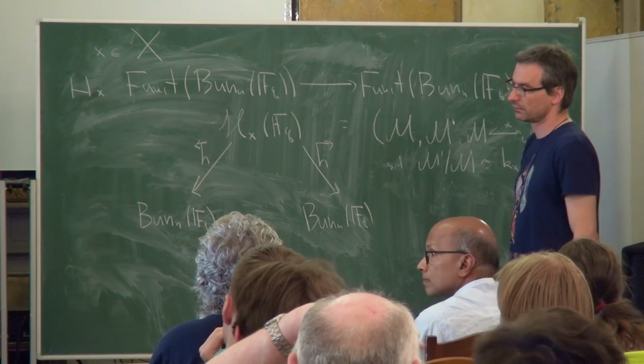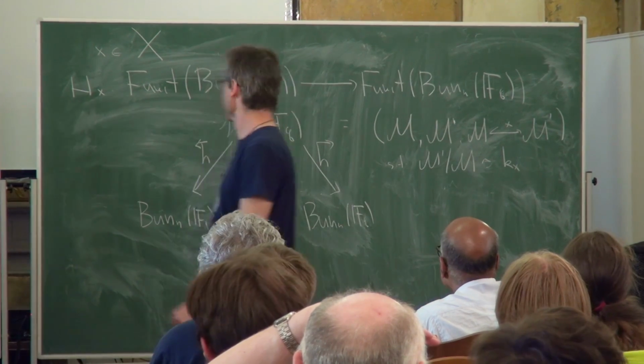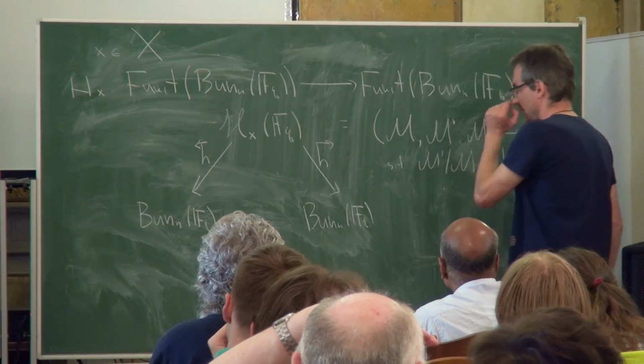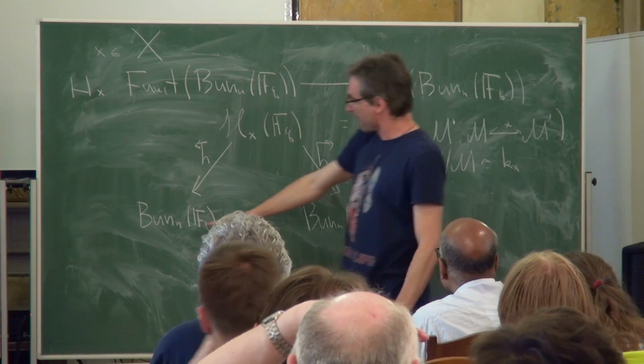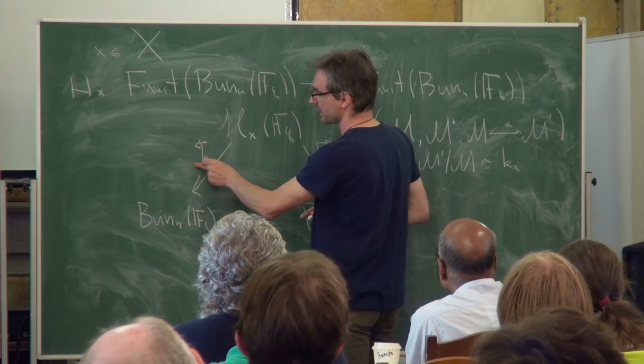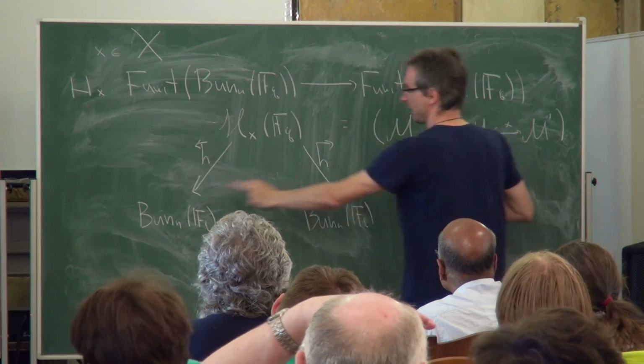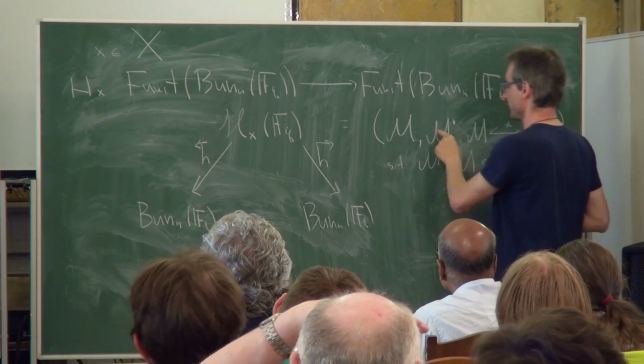But we're not fixing the isomorphism. No. Isomorphic in some way. So now you can fix an M, and you can ask what's the fiber of this map. Let's say this projection sends this triple to M, and this projection sends this triple to M prime.